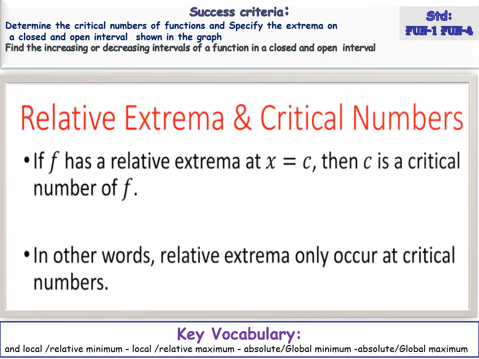You can simply say that if the function f has a relative extrema at x equals c, then c is a critical number. In other words, relative extrema only occur at the critical numbers. So no matter whether the turning is sharp or smooth, you would have a relative extrema, and those points are said to be the critical numbers.